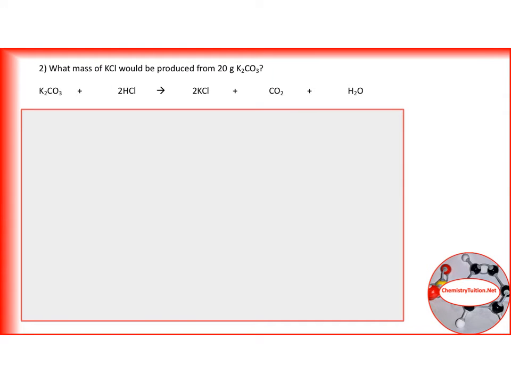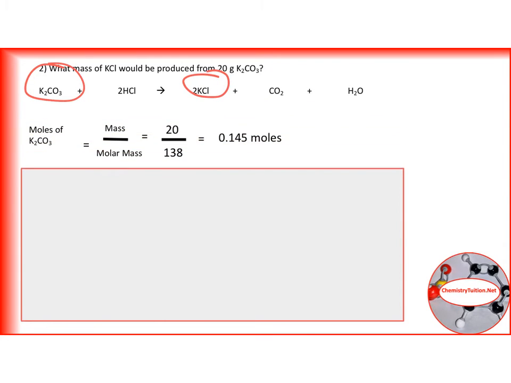For our next example, we are going to find the mass of potassium chloride, which I can form from 20 grams of potassium carbonate. So again, first thing we do is we find out the moles of the potassium carbonate, which is moles over molar mass, and we do that, we find it to be 0.145 moles. We then look at the ratio in the equation.